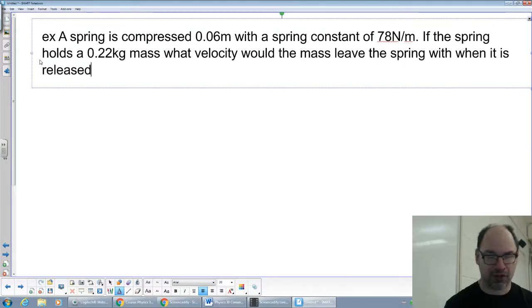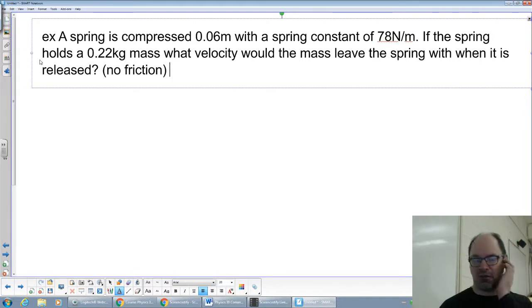Okay, ignore friction. No friction. Okay, so you can pause it and give that one a try on your own if you like, and then I'll work it out here in a minute.